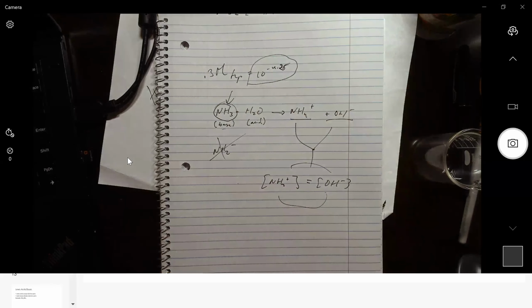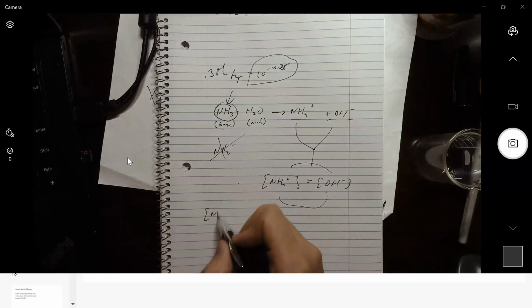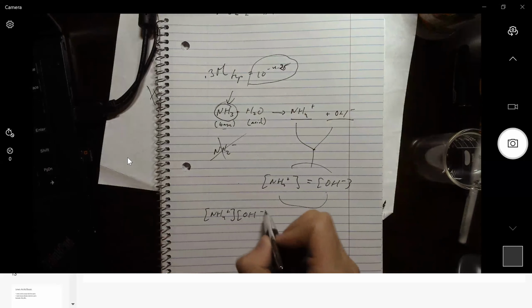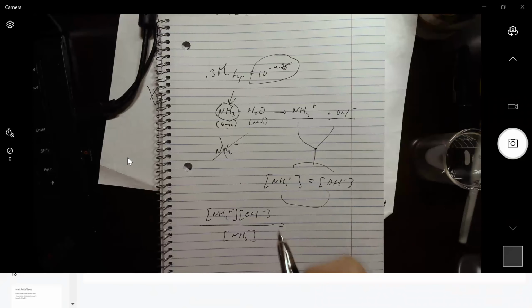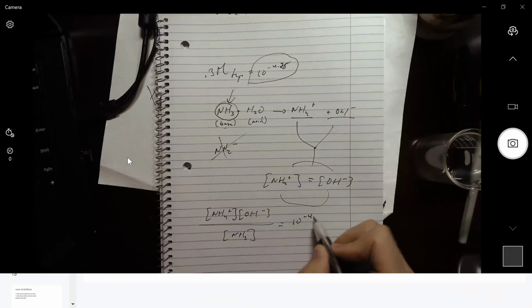So what should our expression be? What equation should we solve? Oh, so we have that. Right?